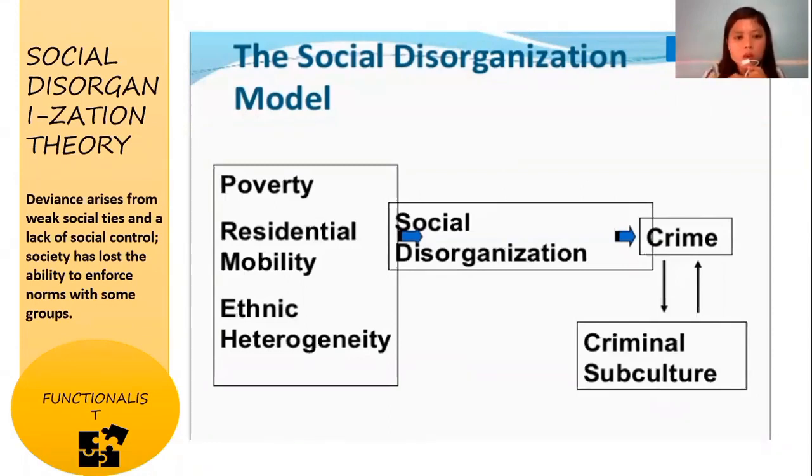And as a result of this residential mobility, there is what we call ethnic heterogeneity, wherein as people move in and out of the community, there is a high probability of having a diverse community, or rather different ethnic groups existing within that community.